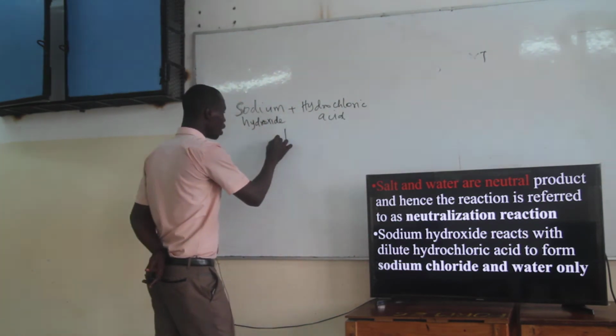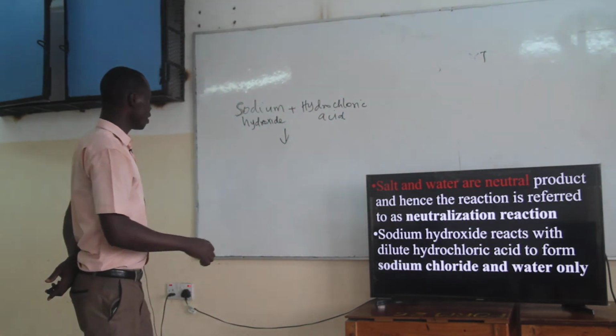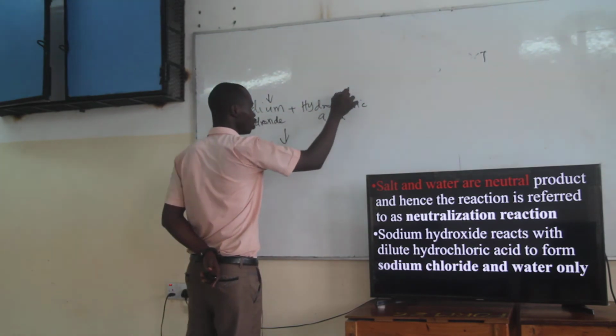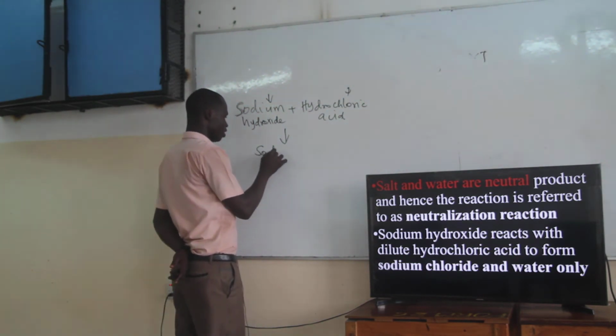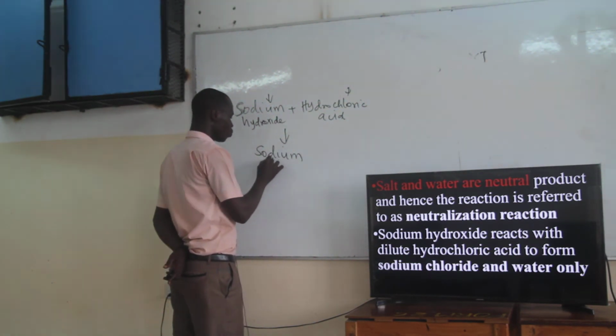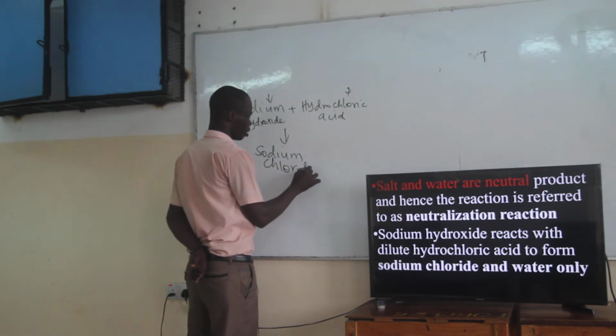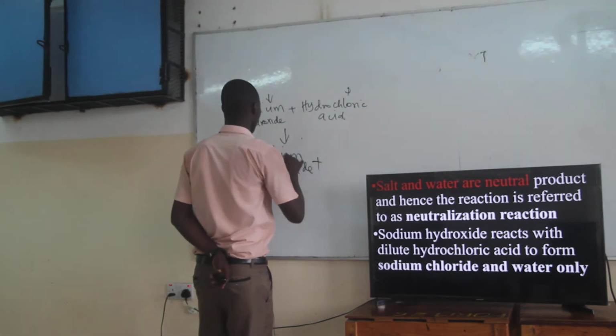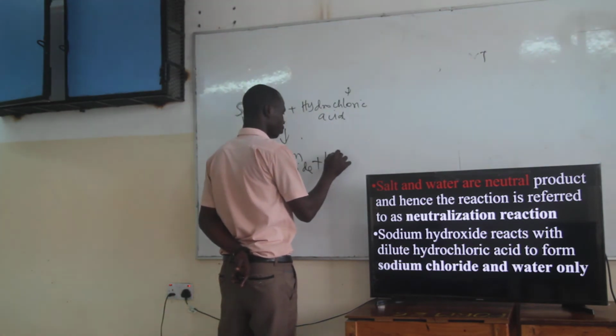Now, from this one, the kind of salt that is formed, you can predict. We have sodium and chlorine. So this is going to be sodium chloride, which is the salt, plus what we call water.